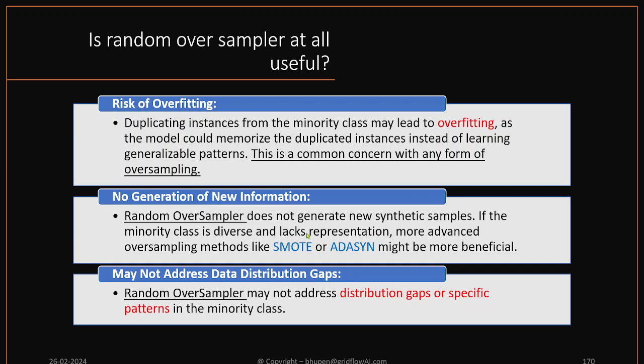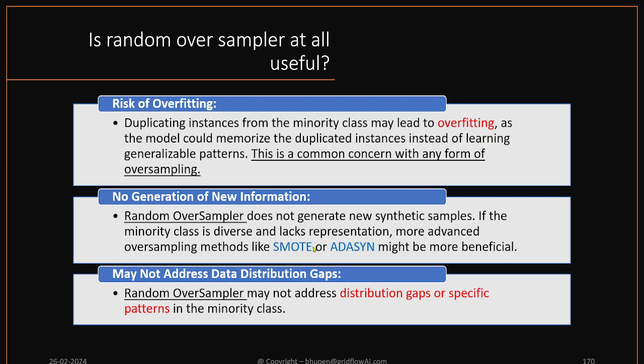The idea of machine learning is to deal with varied data and diversity in the data. So random oversampler does not generate any new synthetic data. In order to generate new synthetic data, we use methods like SMOTE or ADASYN.